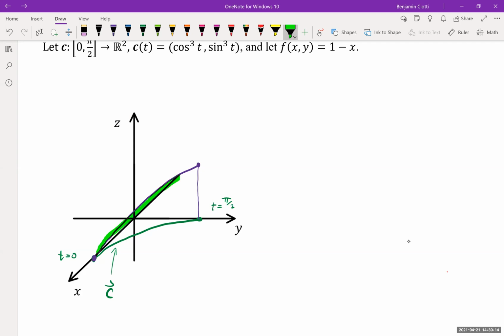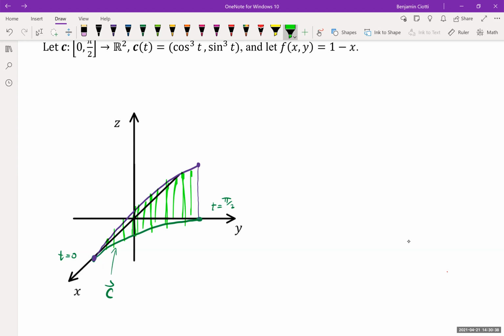So this ridge right here represents the value of the function over each point in the curve. And the integral, check this out, the integral that we're trying to calculate, it's like the area of this fence. If you want to imagine that this is like a fence, it's a curvy fence.